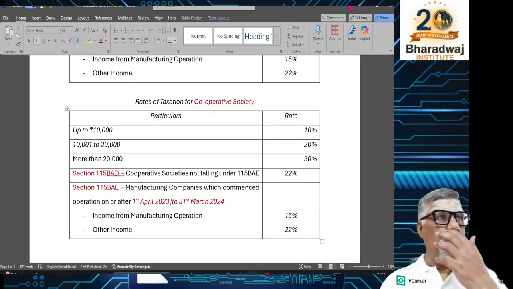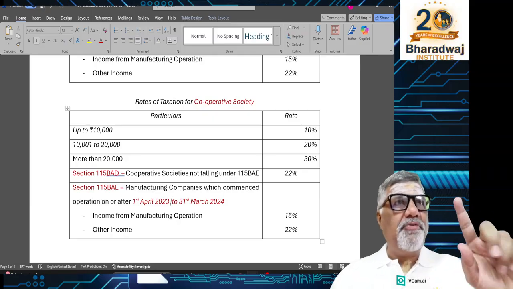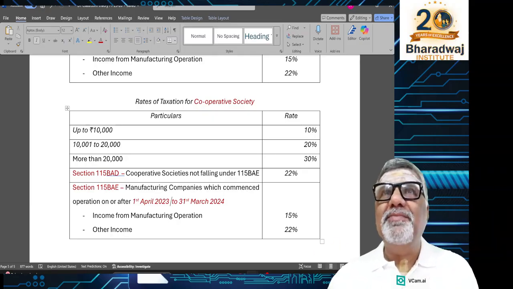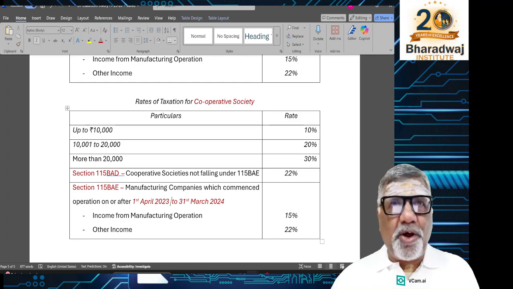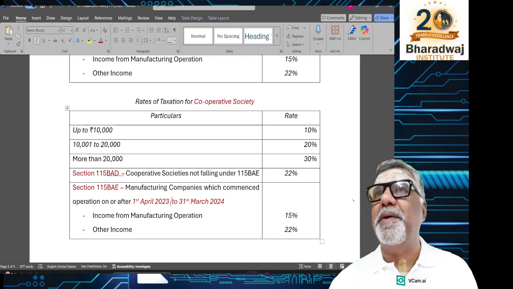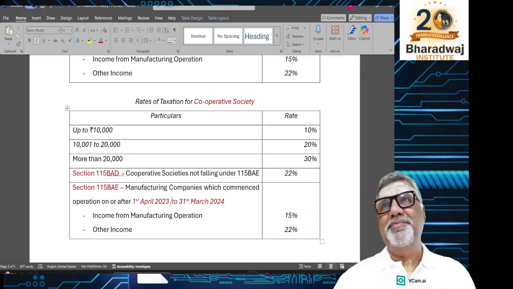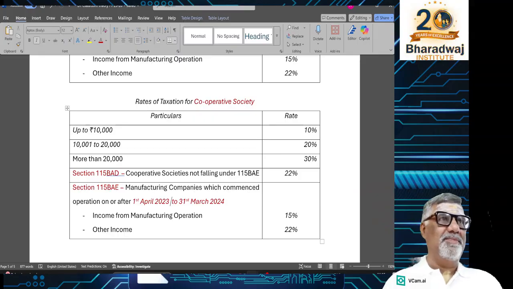For example, for individuals, refer surcharge as per Finance Act. Whereas for other entities like companies, cooperative society, surcharge is 10% as per concessional tax regime, which is part of Income Tax Act.